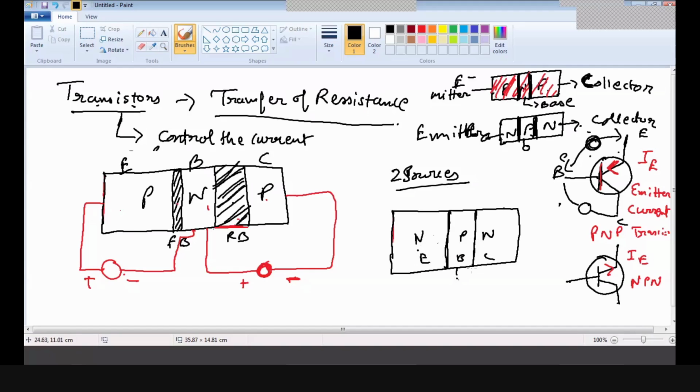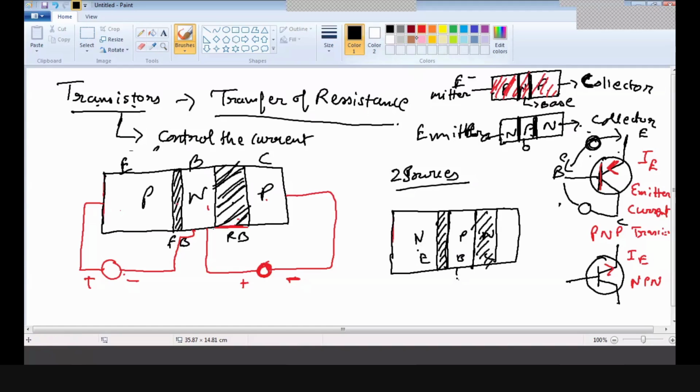So what will happen? This depletion layer will be less, meaning its width is less, and this layer will be more because this is a reverse biased junction.